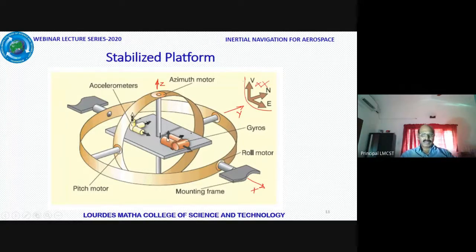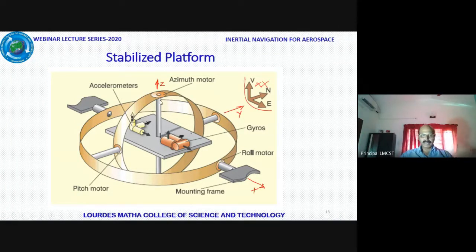And the answer is, even though we said the friction of the hinge points is ideally 0, practically we cannot achieve this 0 friction of these gimbal points. It's impossible. We can minimize it to the greatest extent possible with the mechanical engineering technology level, but never can you make it 0.